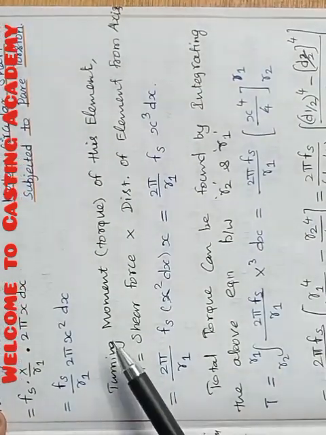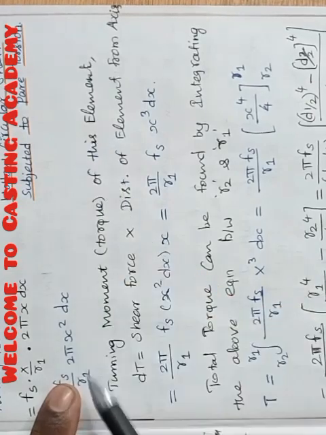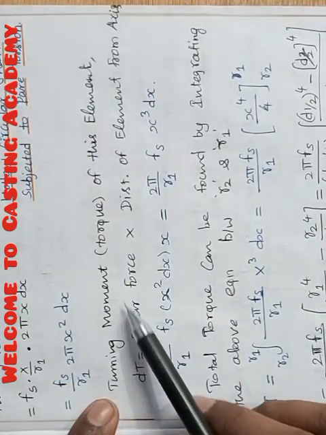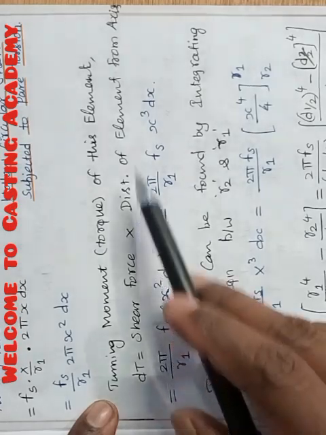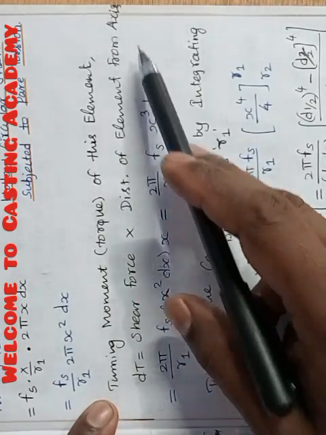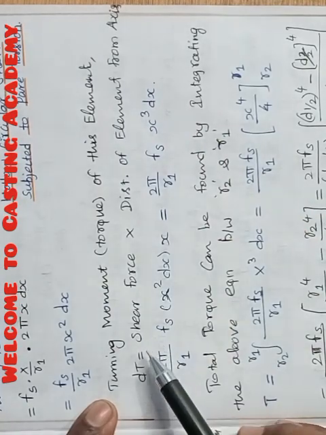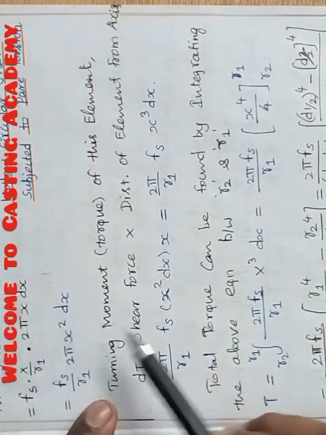So the turning moment, torque of this element. We want to find the turning moment dT equal to shear force into distance of the element from the axis. What is meant by torque? Force into perpendicular distance.